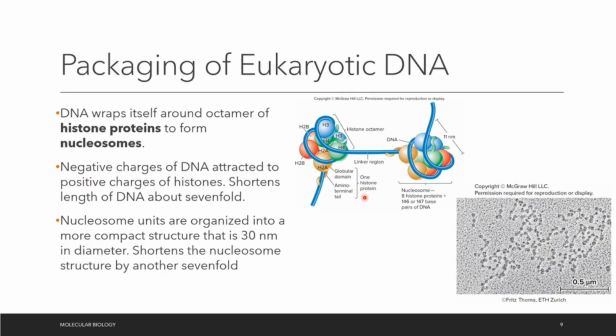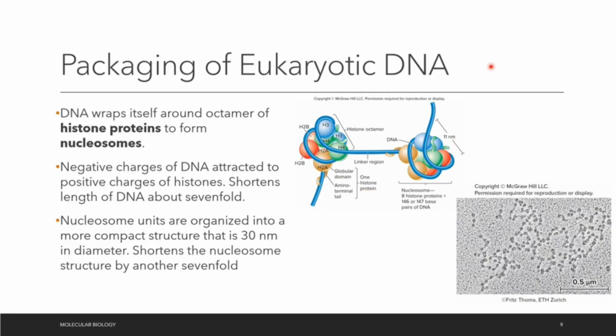Now the reason why the DNA is attracted to these histone proteins is because of charge interactions. Now you know that DNA is negatively charged. On the other hand, the histone proteins are positively charged. So the DNA molecules are attracted to them. So this way, by winding the DNA around these histone proteins, we can shorten the DNA by a lot already. Okay.